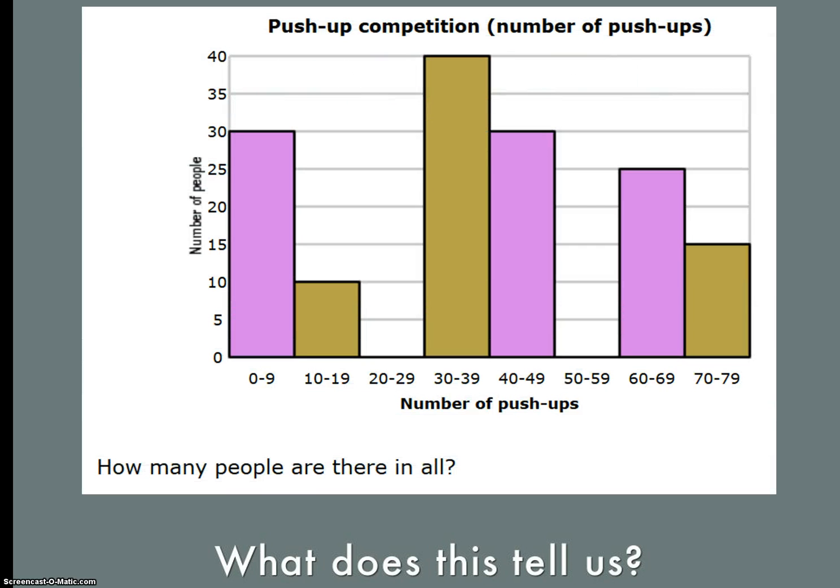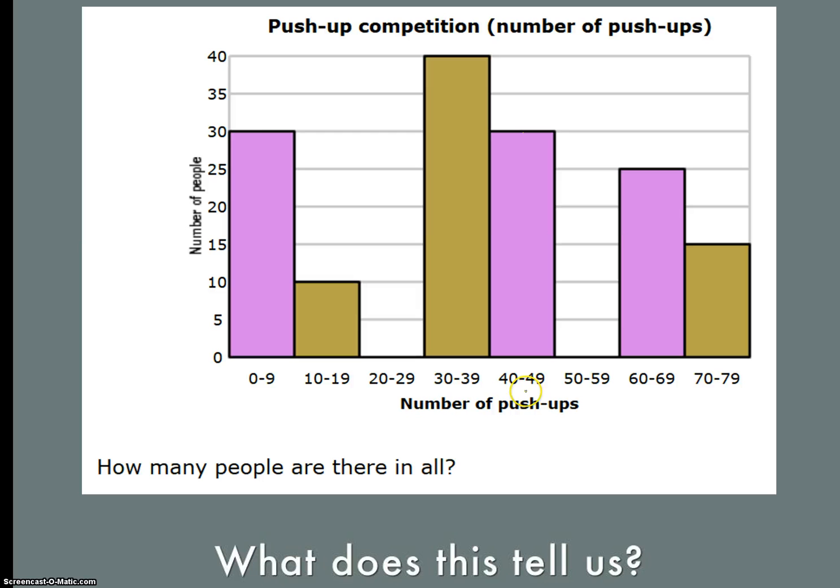So here's another one. Number of push-ups. So let's say you're doing a push-up competition with your friends and you wanted to keep track of how many push-ups the average person could do. So 0 to 9, you have 30 people that could go 0 to 9. You have 10 people that could do 10 to 19. 30 to 39, you have 40 people. 30 people could do 40 to 49. You have 25 that could do 60 to 69. And 70 to 79, 15 people.